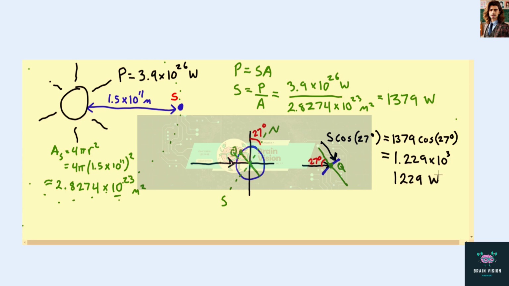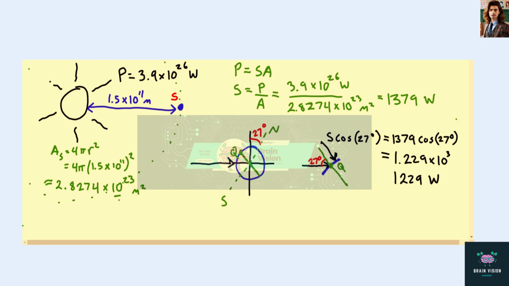So out of that 1,379 watts, it's actually only getting 1,229 watts because of the fact that it's tilted away from the sun. So less of the intensity is reaching that area.